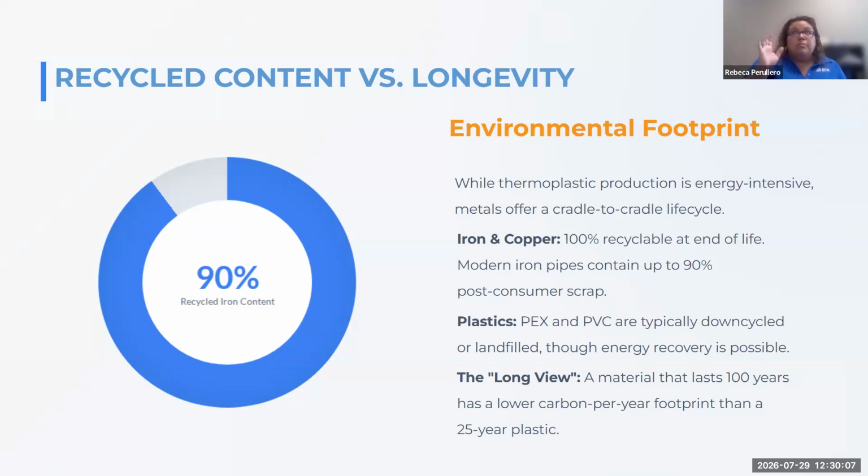I think the number is 95% recycled content from some domestic manufacturers, and I saw as high as maybe 60 or 65 for some of the non-domestic manufacturers. So if environmental footprint is important to the organization, the customer, or the project overall, it's something to look into, especially if you're looking at cast iron piping.